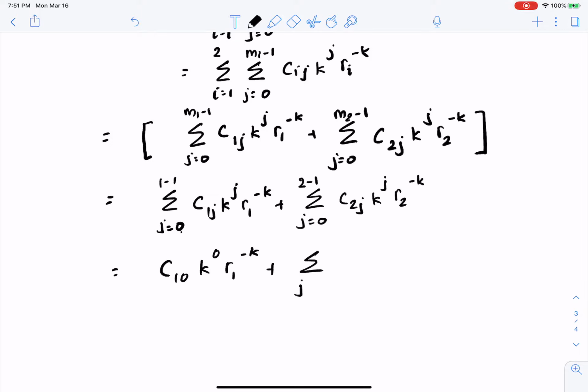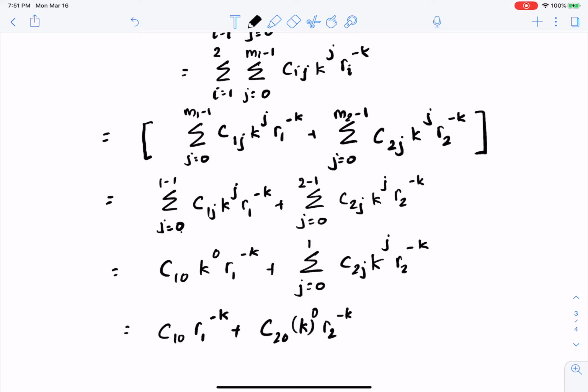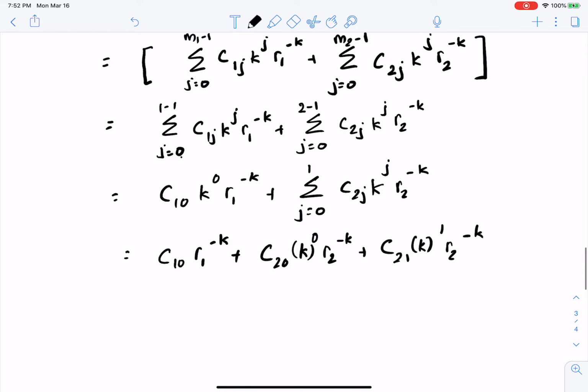Over here, the sum goes from 0 to 1. Any number raised to the power of 0 is 1, so we end up having R1 raised negative k. The second part, when j is 0, I get C_20, k raised 0, R2 raised negative k. When j is 1, I would have C_21, k raised 1, R2 raised negative k.